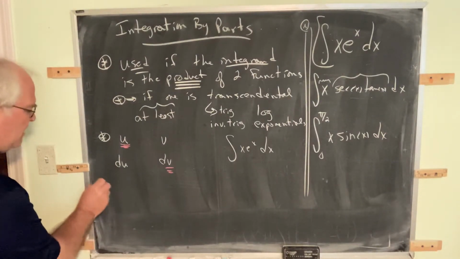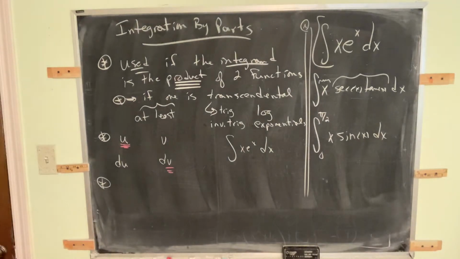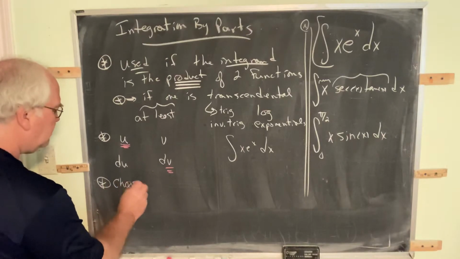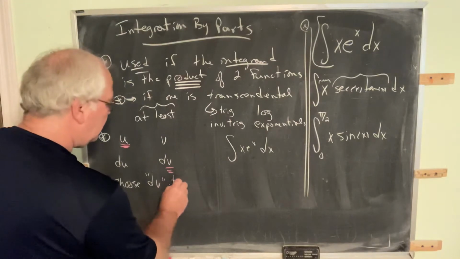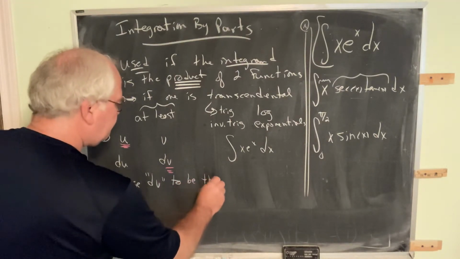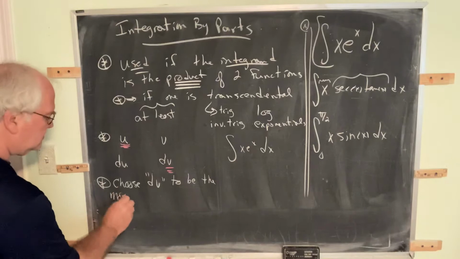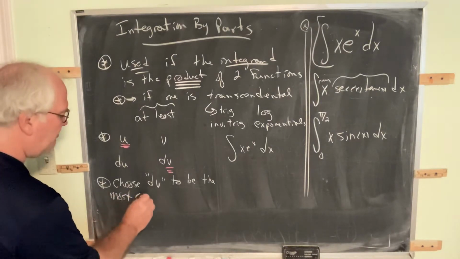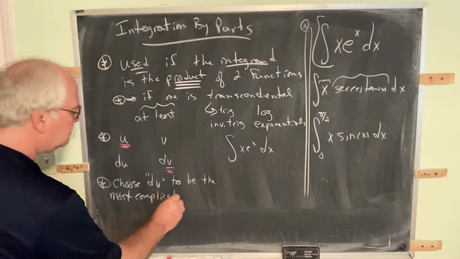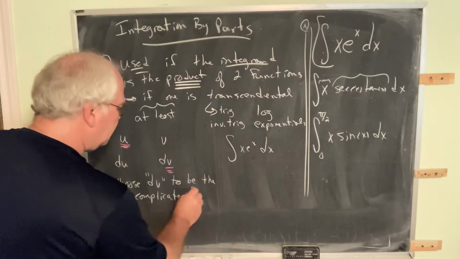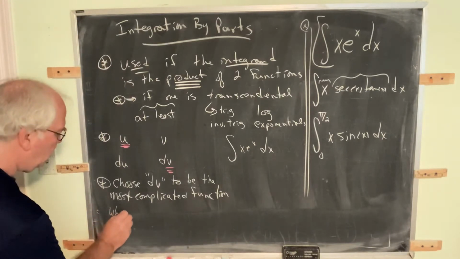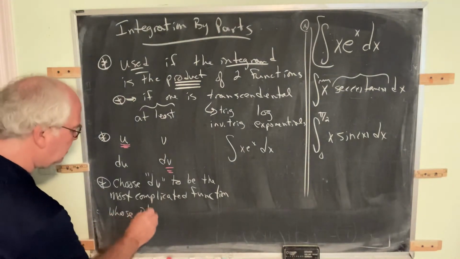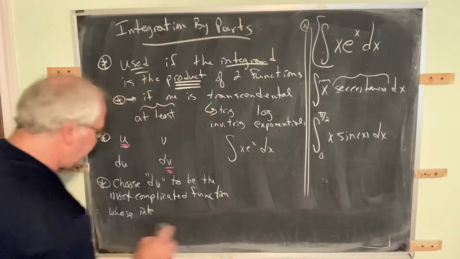Now there's a rule of thumb that comes into play here, and this should hold you in really good stead. We choose dv to be the most complicated function whose integral, or let's say antiderivative, you know.